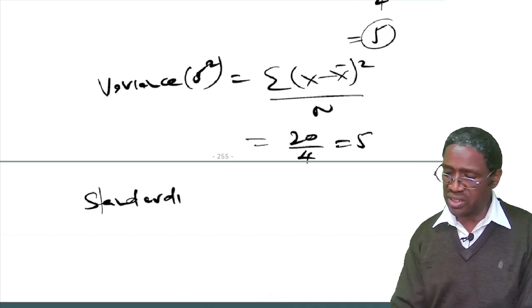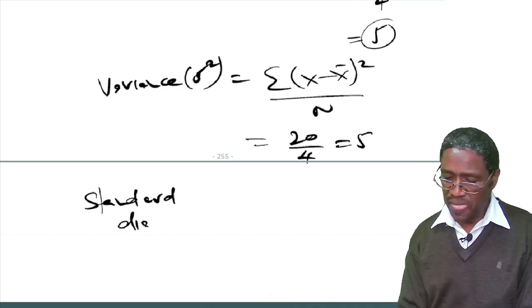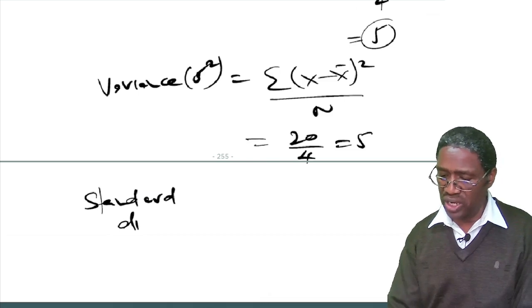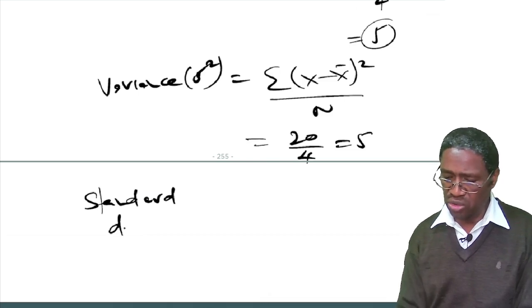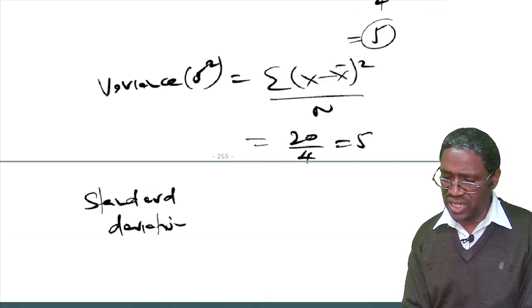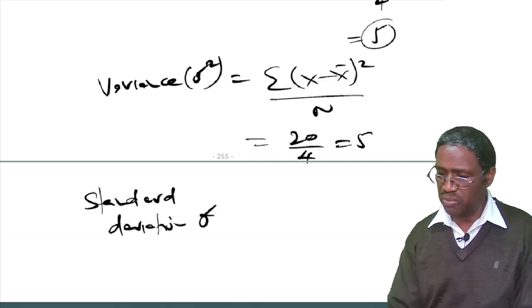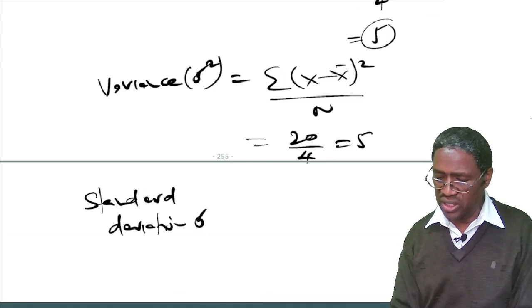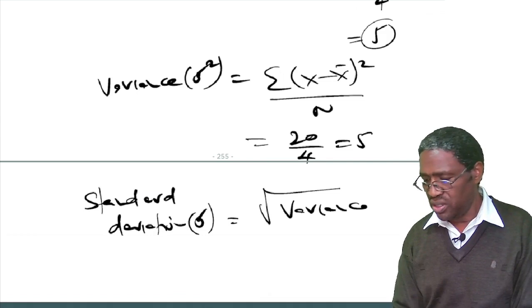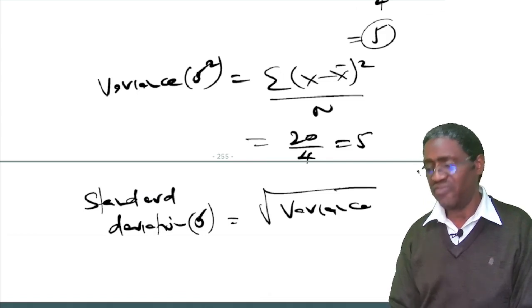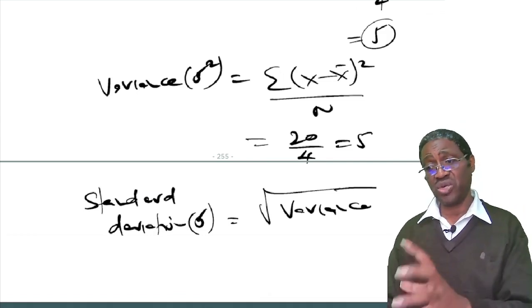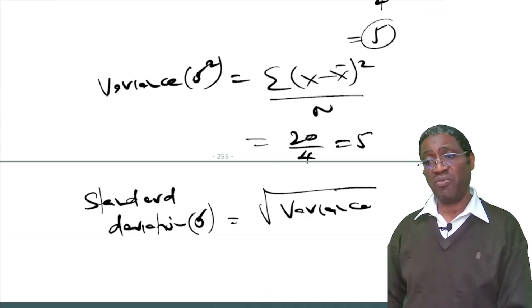Now, once I get the variance, I can get the standard deviation. As I told you a short while ago, the standard deviation, which we normally call theta, is the square root of the variance. You just take the square root of the variance.